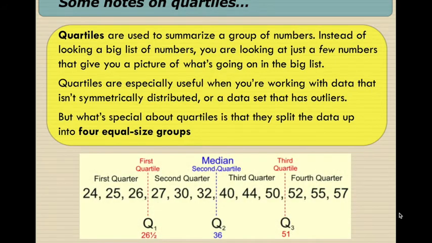Since we are going to find quartiles, let's take a look at the definition. Quartiles are used to summarize a group of numbers. Instead of looking at a big list of numbers, you are looking at just a few numbers that give you a picture of what is going on in the big list. Say you are given this set of data, and by using quartiles, you will split the data into 4 equal sized groups. You start off with the median first. You divide the data into half, and that is the median.